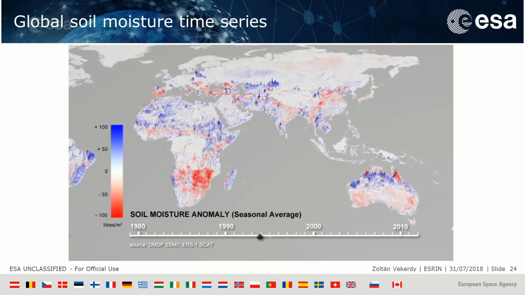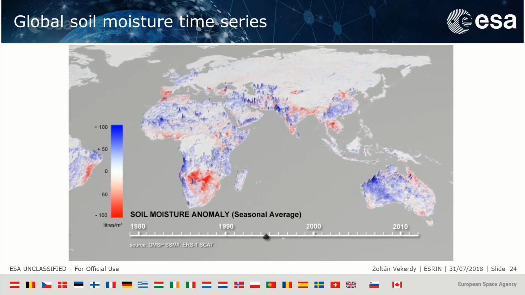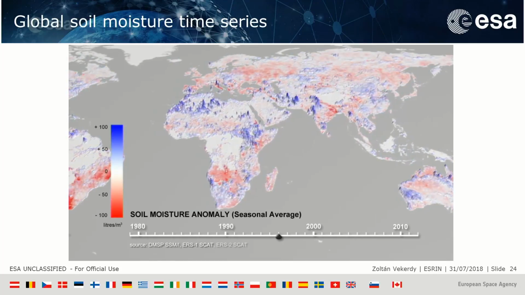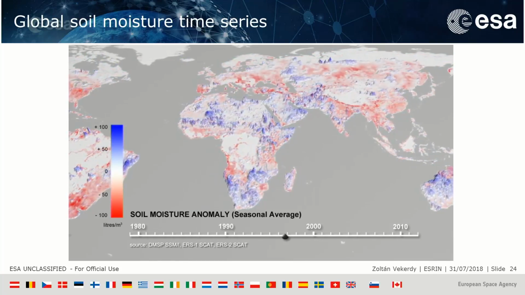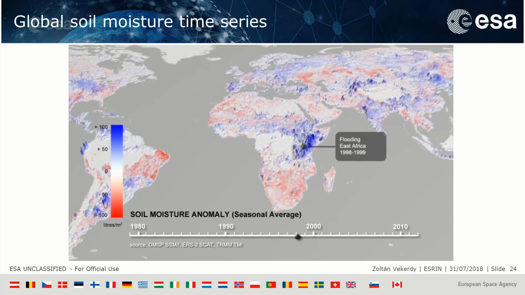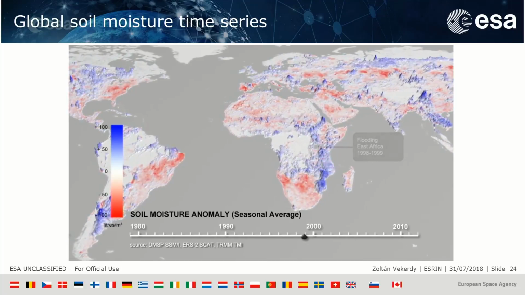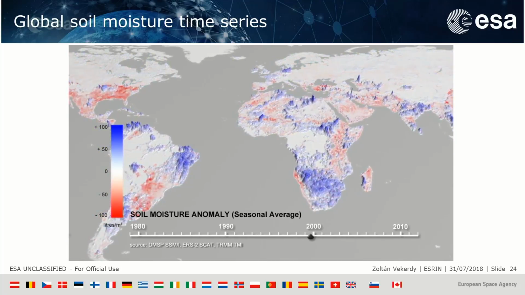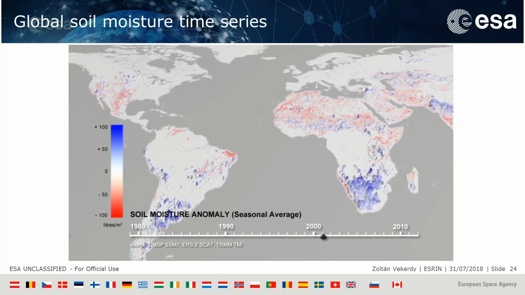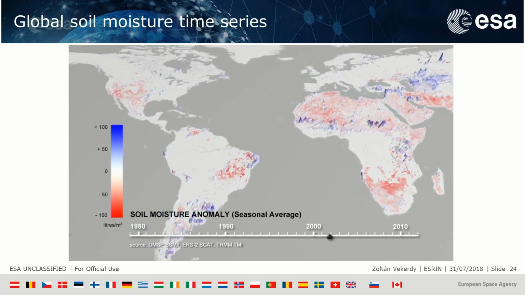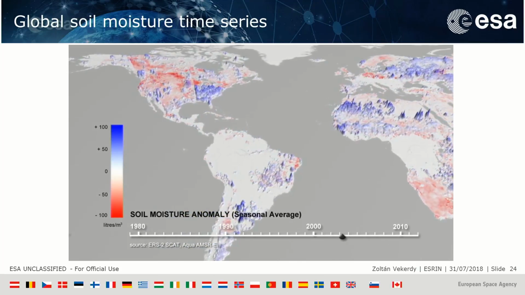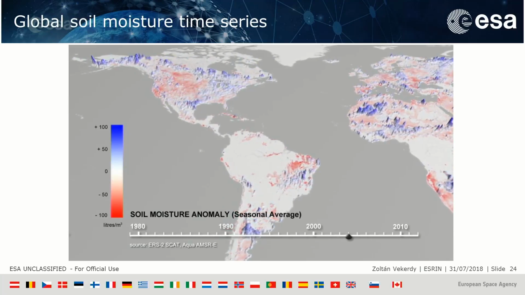And the red areas show where you have a deficit of soil moisture. And you can see very nicely, in fact, I don't like this 3D animation, but the color would have been enough for me. You can see, for example, the flooding in East Africa, how it was jumping out with extra moisture, as well as a drought in the Amazon and different other interesting events.